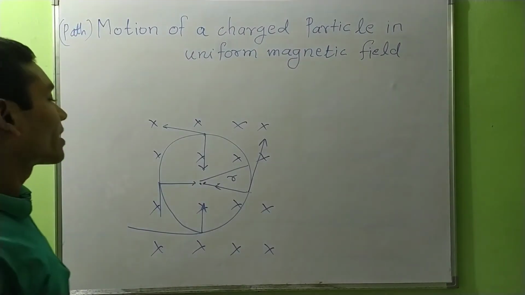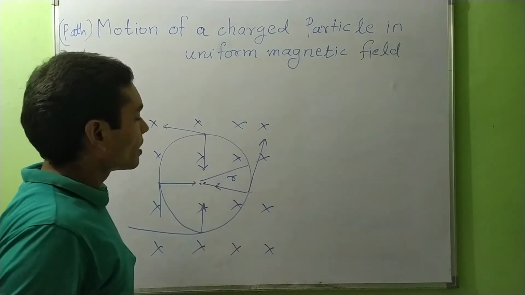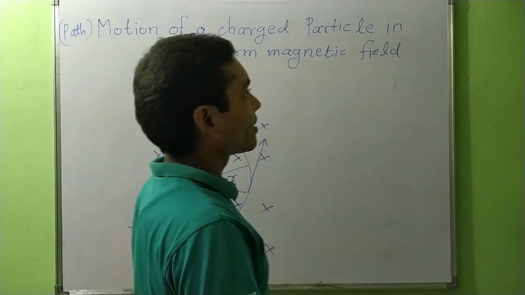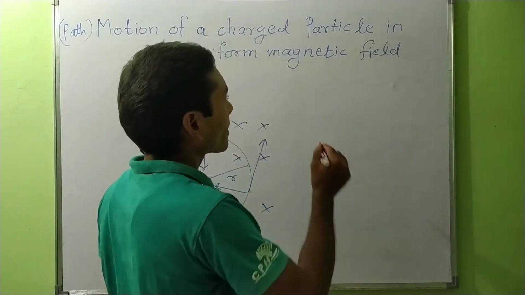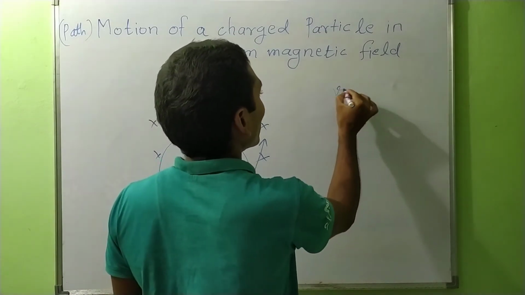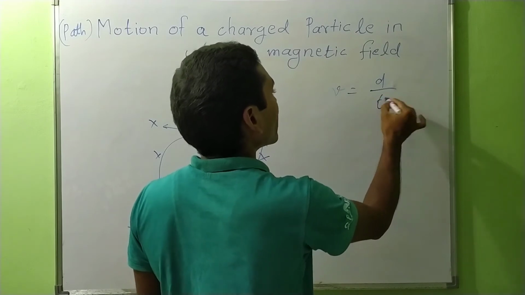Because this charged particle is revolving along the circular path of radius r, it will have a time period. So you know that from the equation velocity equals distance upon time.